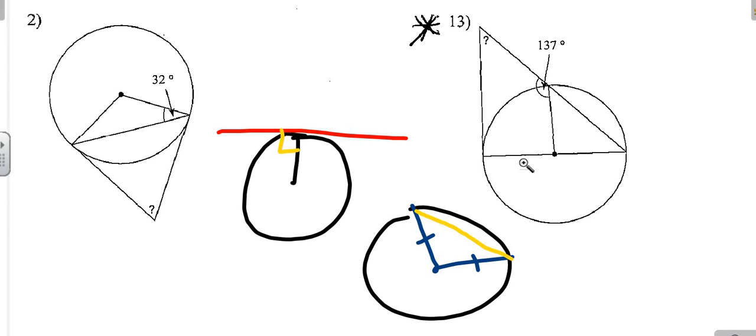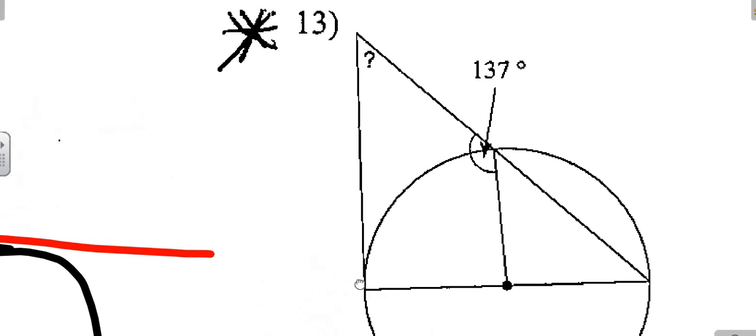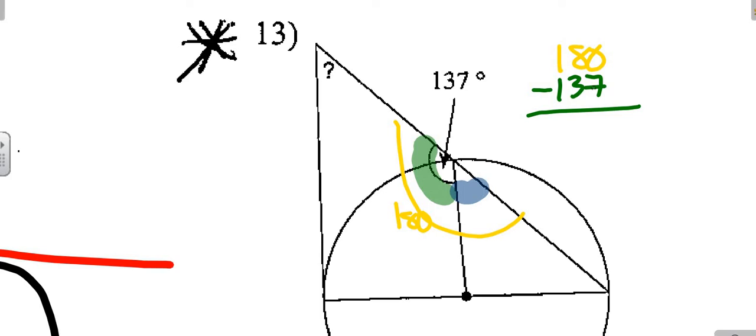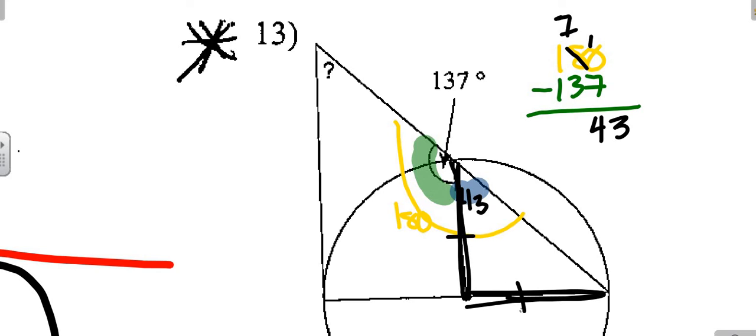Knowing that, take a look here. We're going to start by sweeping this angle and then just keep going. You can see that's a linear pair, adds up to 180. Remember what I said about isosceles triangles? That's 2 radii, so those are equal.